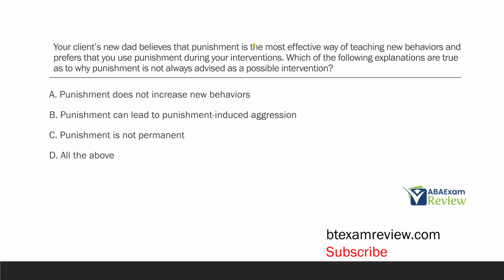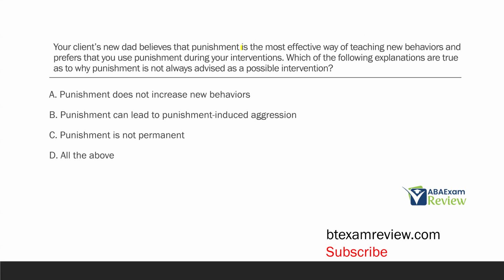So when we think about punishment in ABA, we simply think about consequences that decrease behavior. But there are still ethical concerns to punishment, and there are still societal ideas around punishment. And so when we're discussing punishment, and your supervisor is going to be helping you with this and leading you through this, we've got to keep some things in mind as to why punishment is very, very rarely our first option.